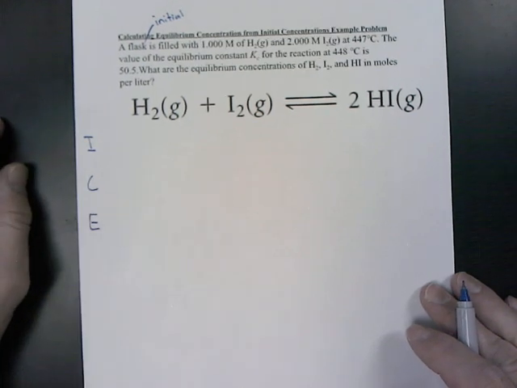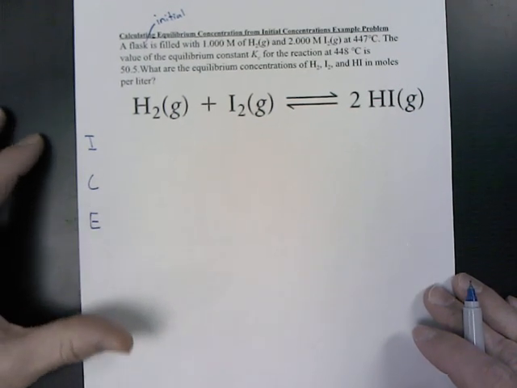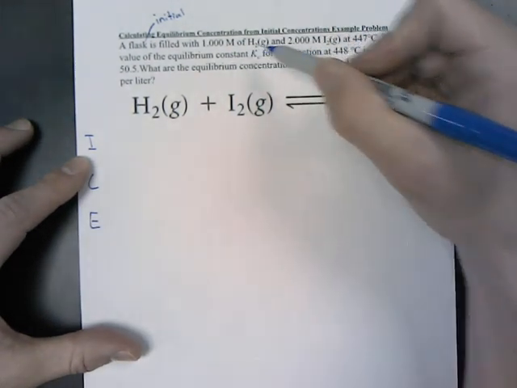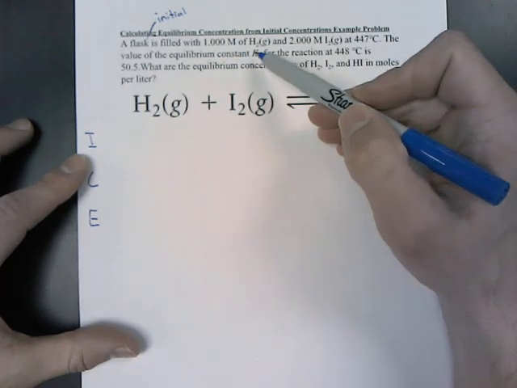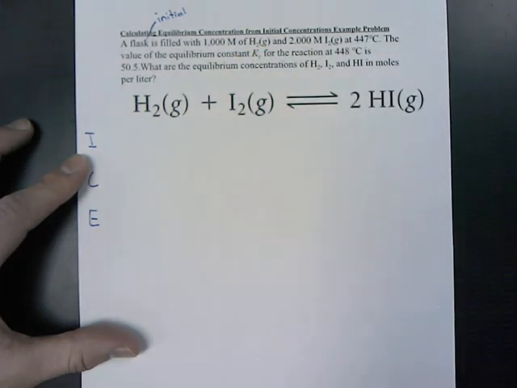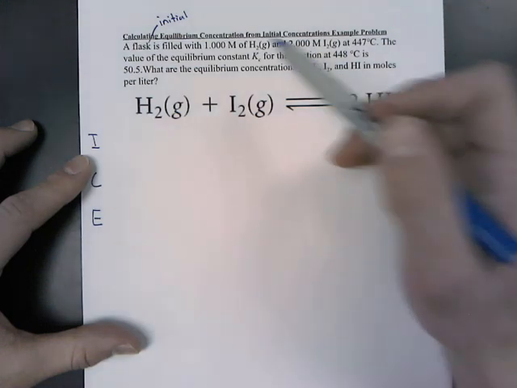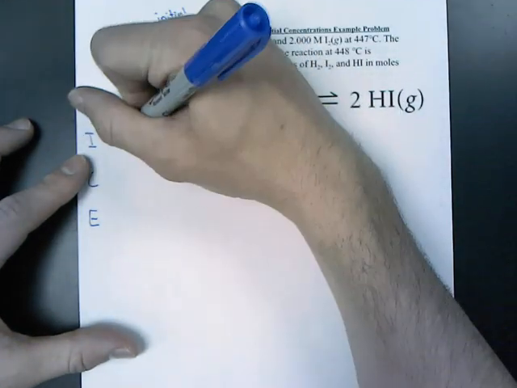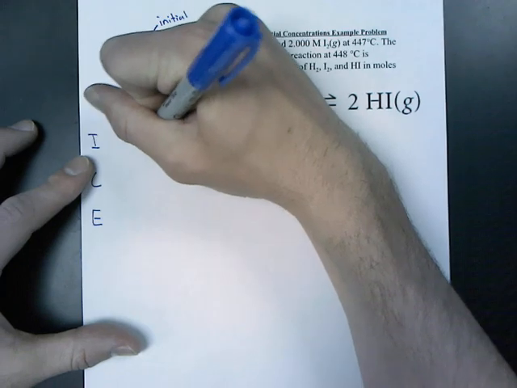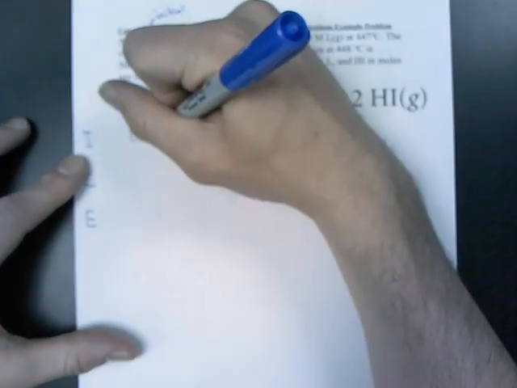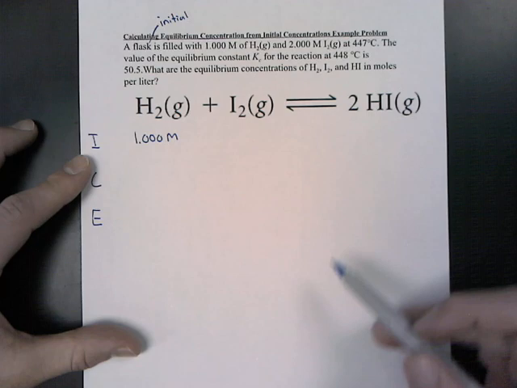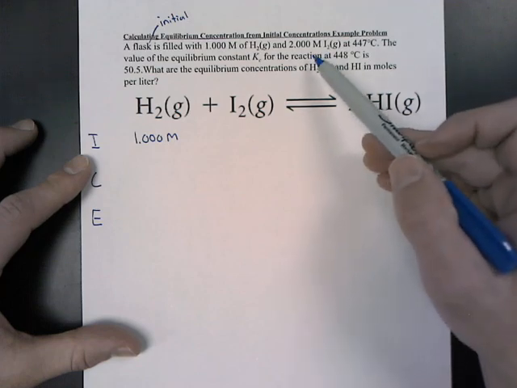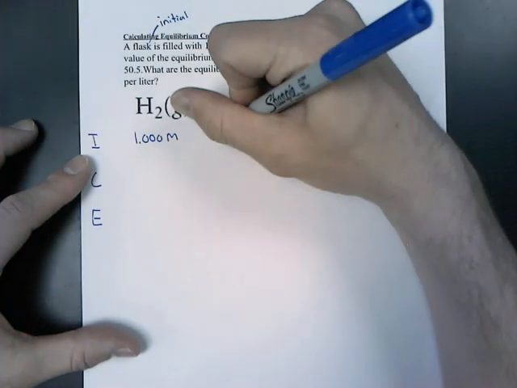So with our ICE chart, we have this. Initially, we had 1 molar of H2, so for H2 we start out with 1 molar. Initially, there are 2 molar of I2.